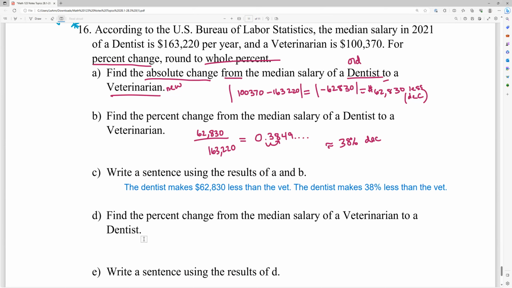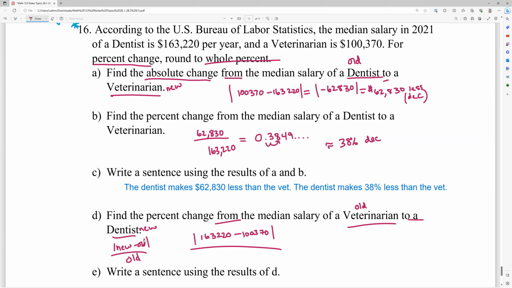Find the percent change from the vet to the dentist. Okay, so we're changing which one's the new and which one's the old. So now the from is vet, so that's going to be the old, and to, where we're going, is the new, which is the dentist. So that's just going to change the order of the absolute change, which on top, you're not going to see much difference because we take the absolute value of that. But the bottom is now the old, remember, because this is new minus old over old.